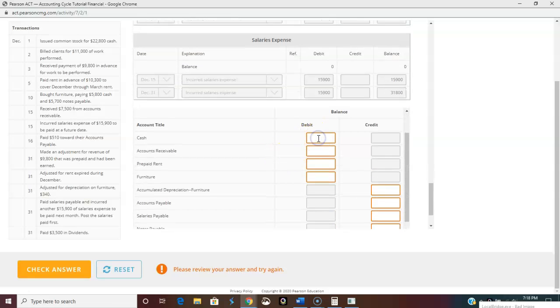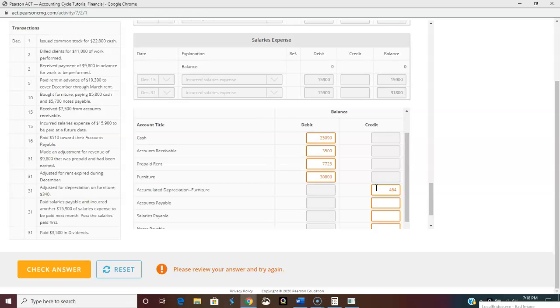And this is why I did it, because now they want you to plug them in and add them up. So cash is $25,090. Accounts receivable is $3,500. Prepaid rent, $77.25. Furniture, $30,800.